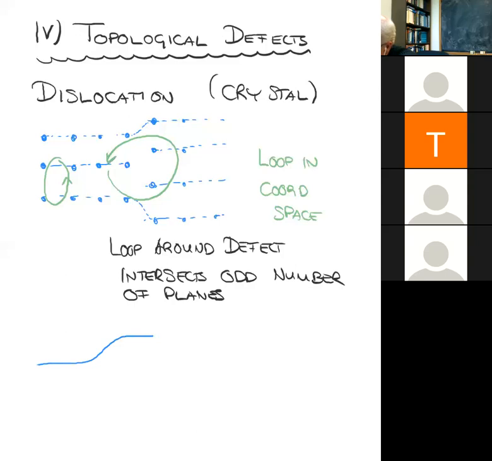Then there's one in the middle that doesn't quite match up. Actually, now I'm drawing it backwards. Yeah, actually, I can still save this picture. So let's view it as a picture of this.